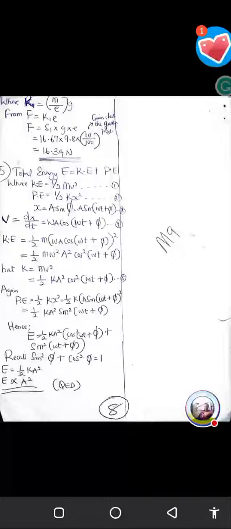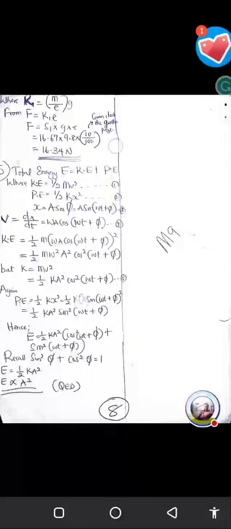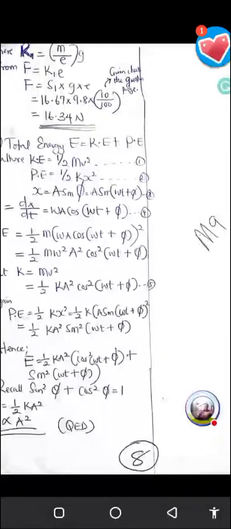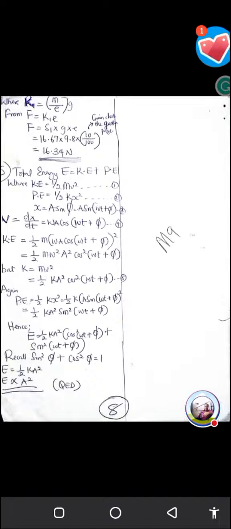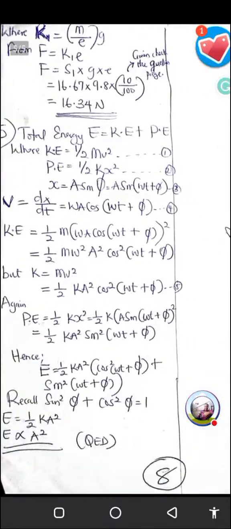So the k1 times e, if you multiply it down there, you are going to get S1 times g times e. So you can then insert your value. Then you have to convert the 10 cm given to you to meters, so I'll be able to get 16.34 Newton. So I think this is all we have for this section.